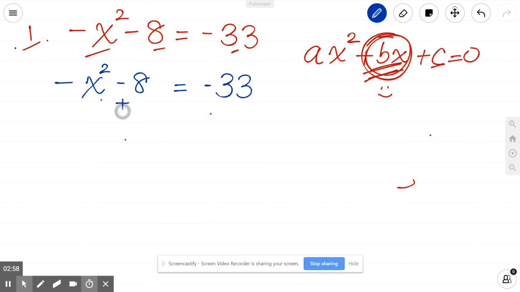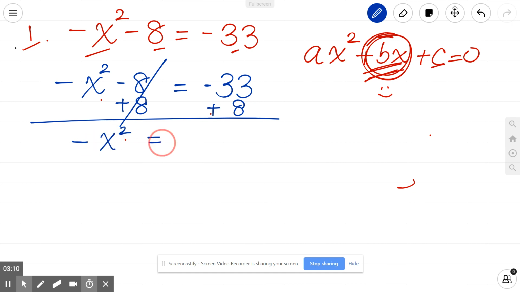So I'd add 8 on both the sides, to balance the equation. Minus 8 plus 8 gone, 0. Negative x squared equals negative 33 plus 8. So that will be negative 25. All right. Now, my goal basically is that my x is grumpy here.